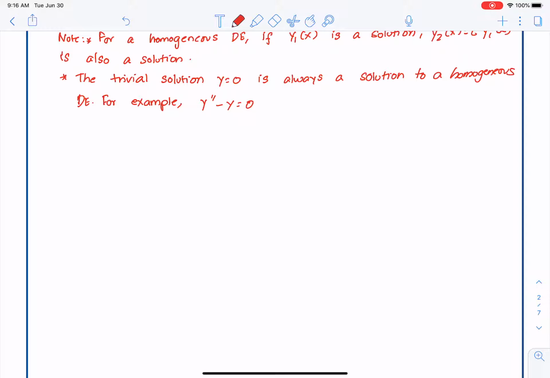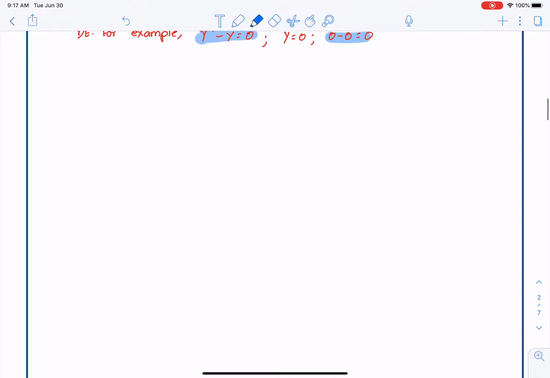Of course, this is homogeneous, and the trivial solution is y equals 0. And if we plug that back in the original DE, if y is 0, y double prime is 0, and we already know that y is 0. So 0 minus 0 is 0, and the equation is satisfied. So the trivial solution will always be a solution to the homogeneous linear DE.